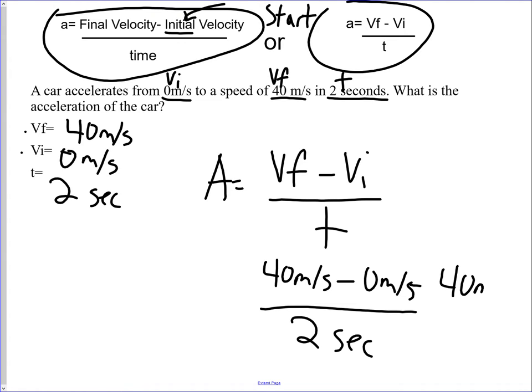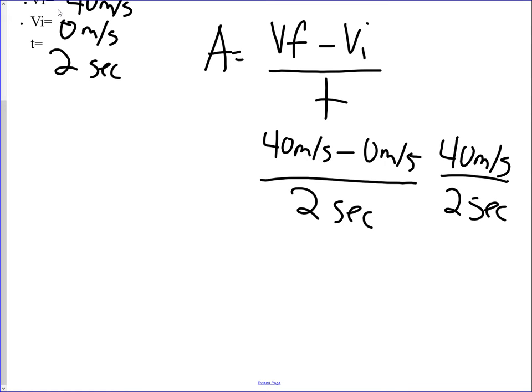So we have 40 meters per second divided by 2 seconds. Let me extend the page here. We're solving for A, so A equals 40 divided by 2, which is 20. And here's the key when we're labeling this.